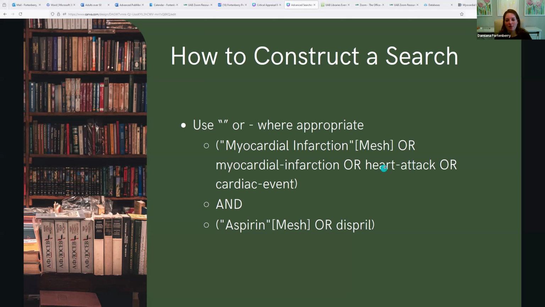And that's part of automatic term mapping as well. If you don't have this sort of indicator, it will search in all kinds of fields and as though these two things were separate.